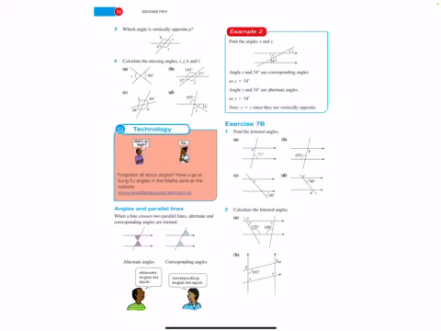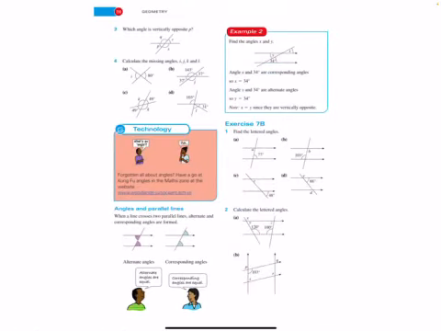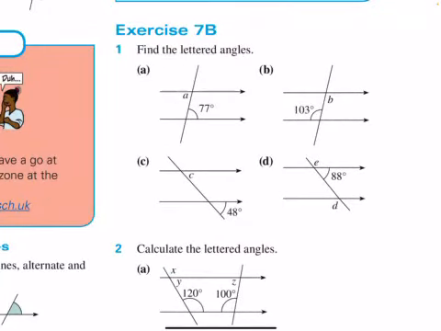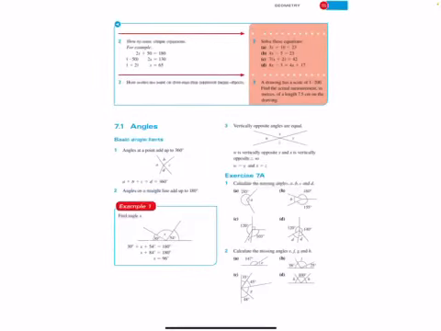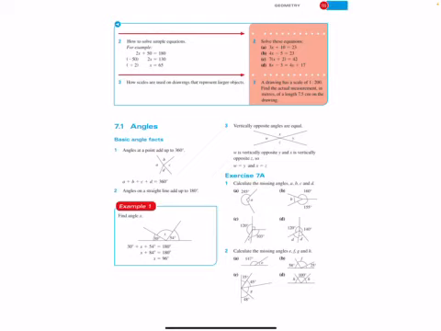I'm going to stay there. So 7A, finish it. 2, finish it. 7B, all of them. Once we are done, one person will volunteer and make them all. And if we're not done, it becomes homework. Remember, it says calculate. So if you only write the answer, it is wrong.